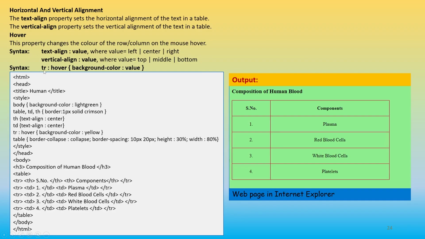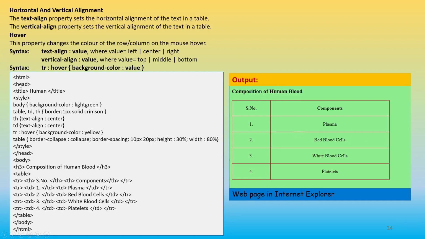Then tr colon hover is for the row. TR stands for table row, colon hover, and in brackets we give background color and the value. It means if I hover my mouse over a row and I have written red as the value, the background color will change to red.